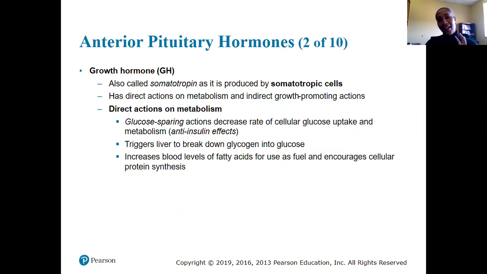So it almost has like an anti-insulin effect. It can trigger the liver to break down glycogen into glucose. So if we need extra sugar, we can break down our glycogen storage molecule to release glucose.